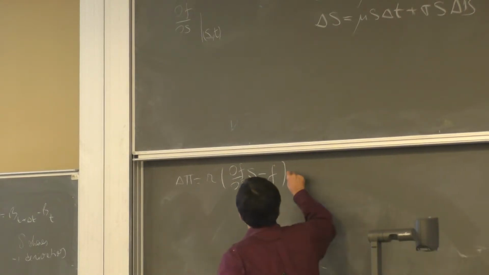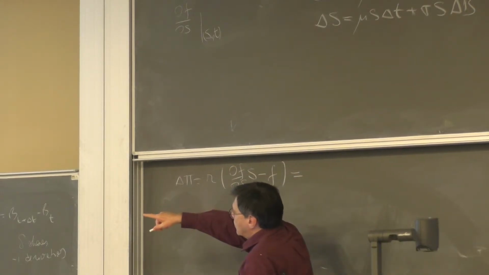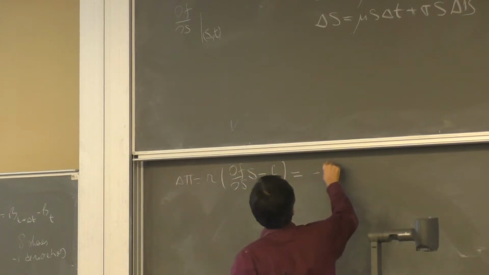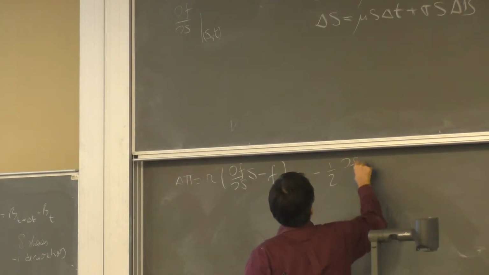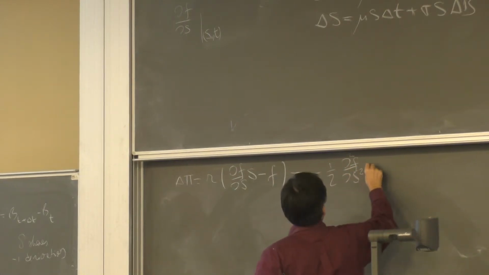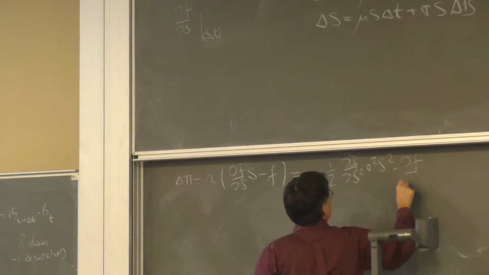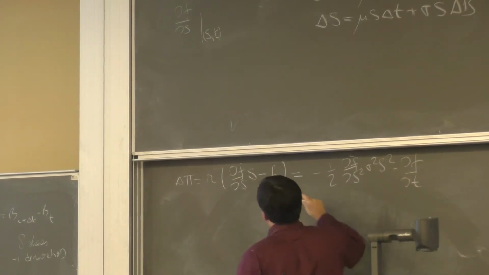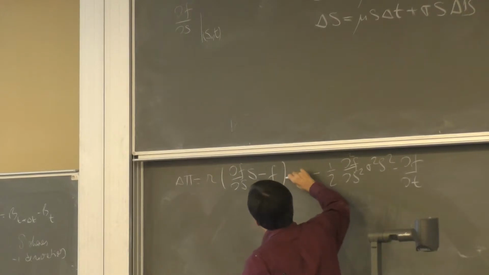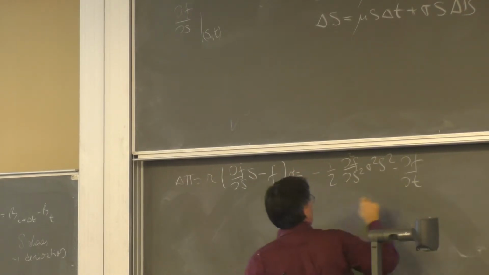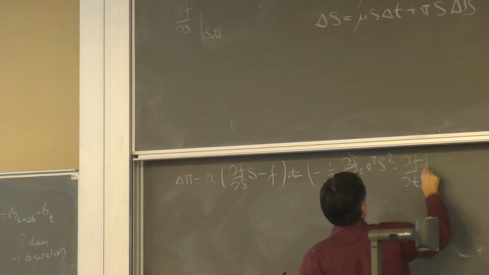And now, on the one hand, we're getting that as a change. On the other hand, I'm also getting this calculation we had in this slide, which is minus 1/2 the second derivative of f with respect to s times sigma squared s squared minus df dt. So on the one hand, I'm getting this times delta t. On the other hand, I'm getting this times delta t.